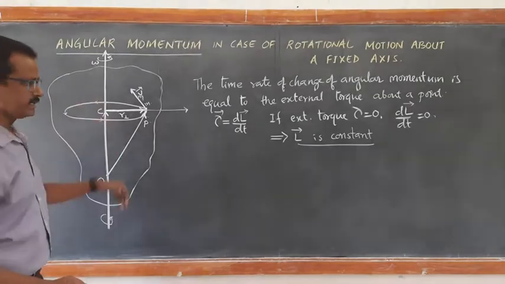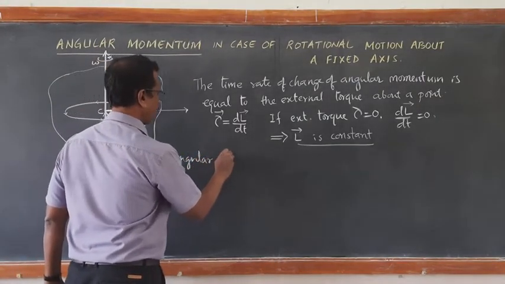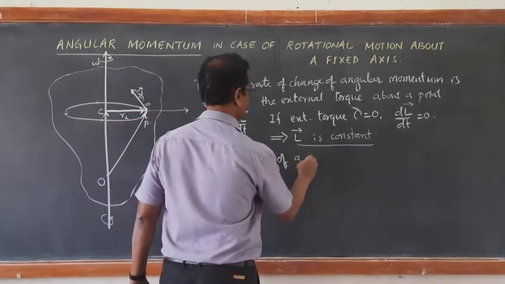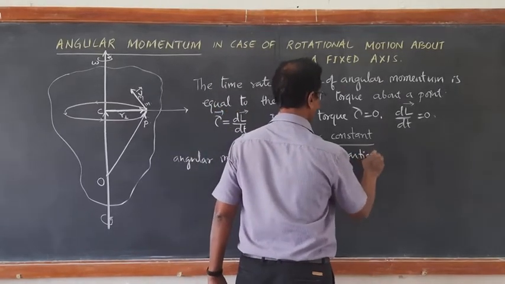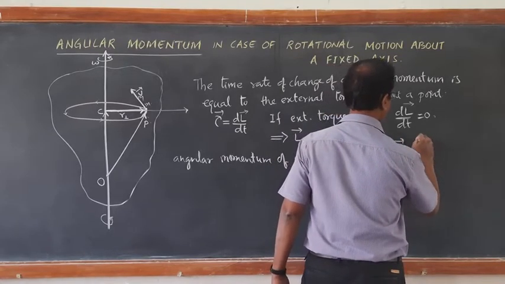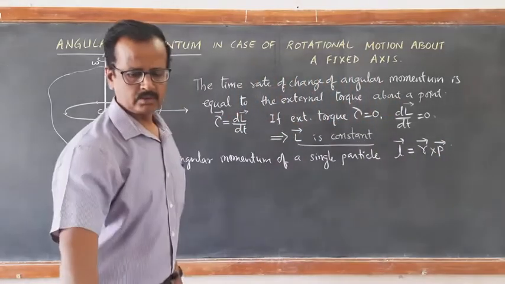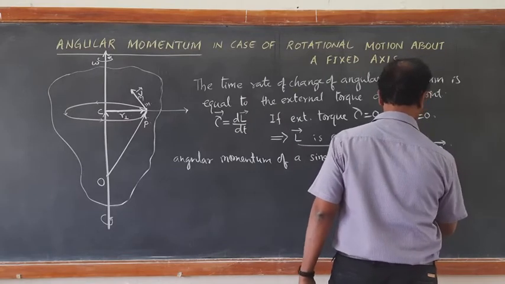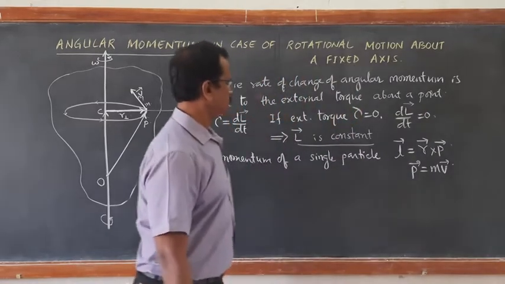So we have calculated the angular momentum of a single particle as small l is equal to r cross p, where p is linear momentum given by mv, right? This is for a single particle.